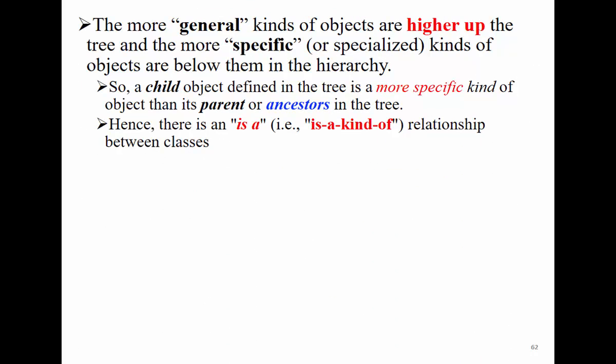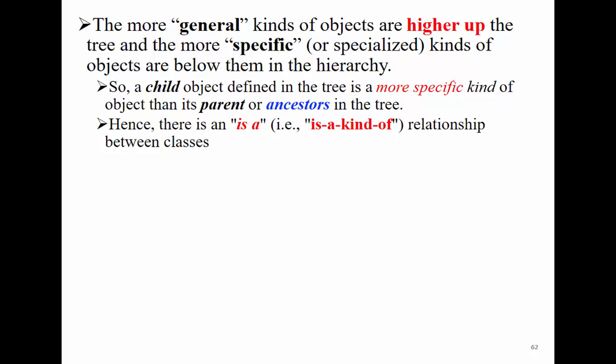So the general kind of class will be on the top of the hierarchy, and we are maintaining a class relationship of is a, or is a kind of. You remember when we implemented composition and aggregation, we implemented a has a relationship.